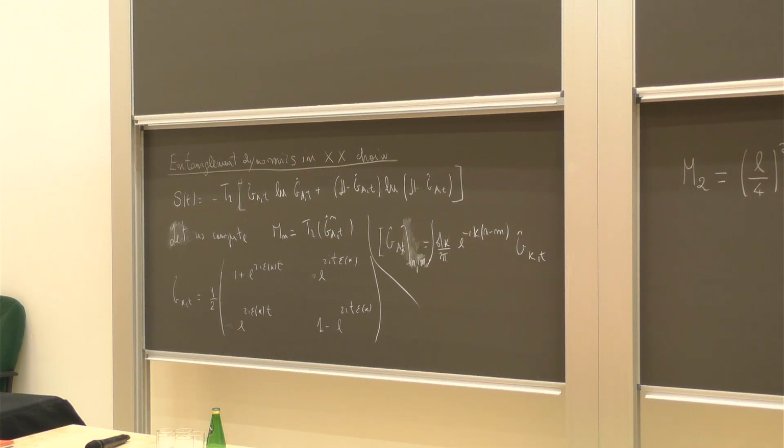This is just a bunch of phases, and then here we have some trivial functions of k2 minus k1, and then the trace of G_k1 times G_k2.